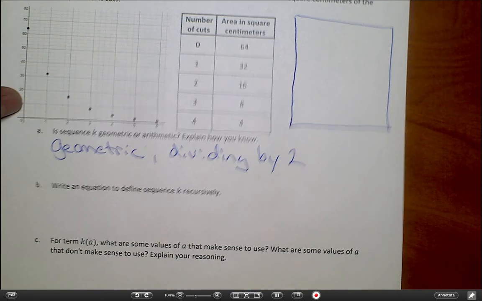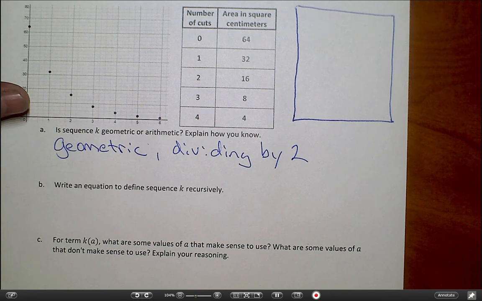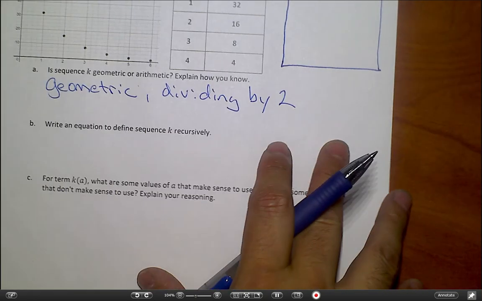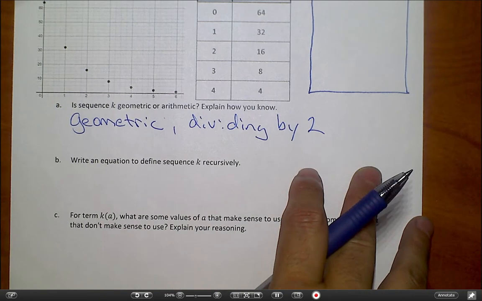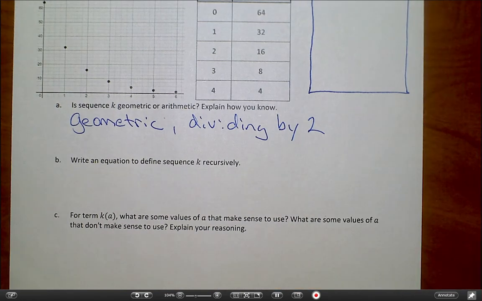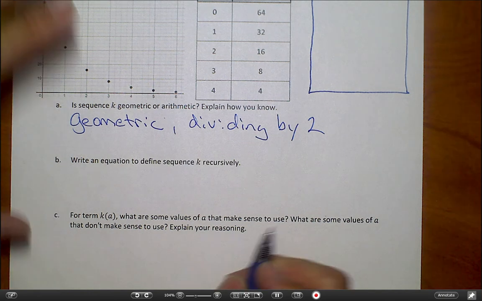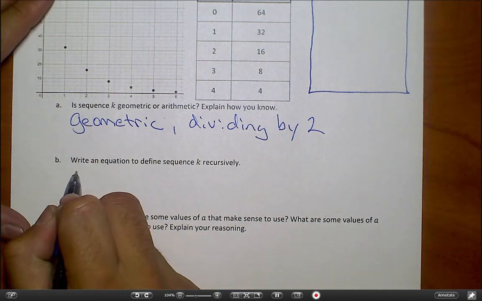Now, the next one says write an equation to define the sequence K recursively. All right, if it's recursive, what do we know about recursive? I need the previous term, right? So let's go ahead and state the first term. What's my first term?